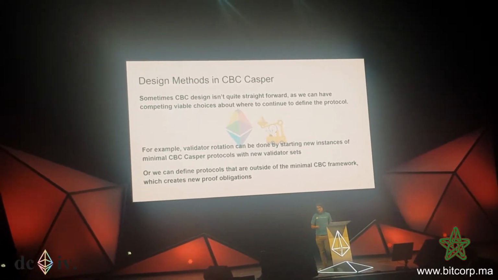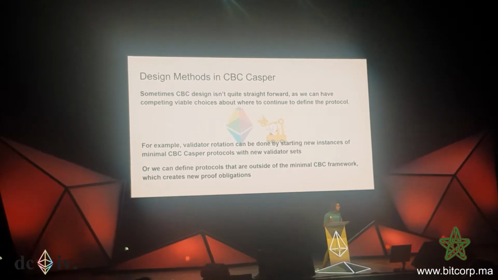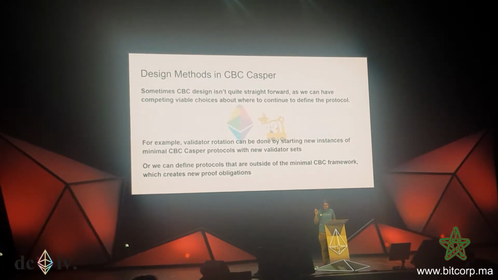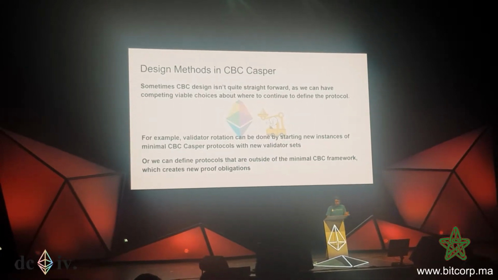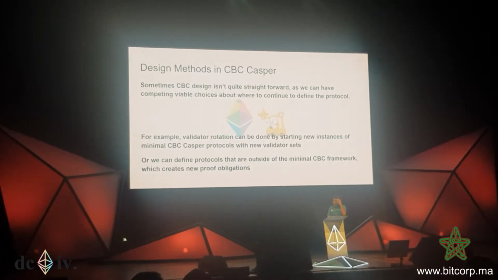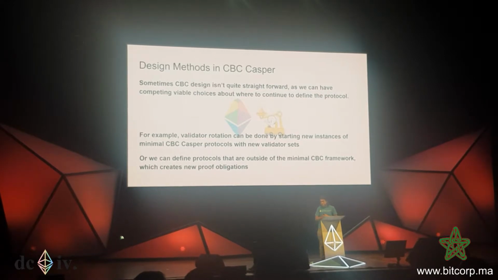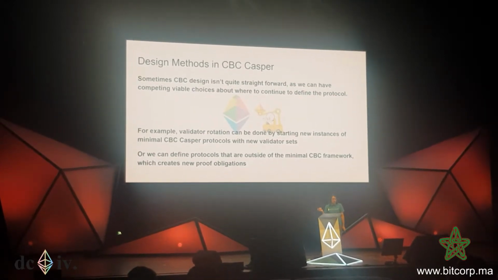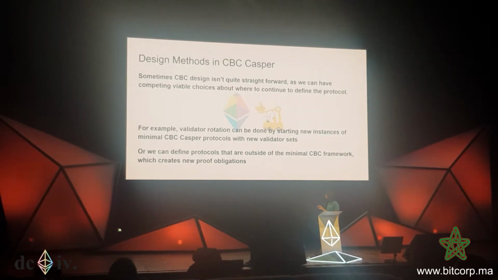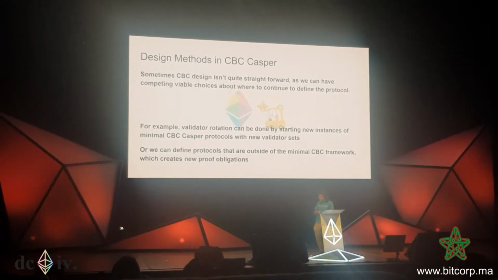For example, for validator rotation, the easy thing to do in terms of the protocol specification and the proof obligations is to just launch lots of instances of these protocols that have new validator sets. And that really can work in some cases. But there are also cases where we want to define protocols that do validator rotation in a way that is outside of the minimal CBC Casper framework.